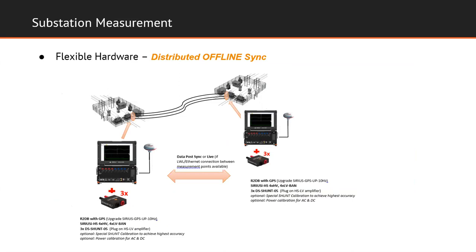Then if we measure on substations, we have very flexible hardware, which means that if we have distributed measurement, we can have, for example, 2 R2DBs with GPS, and between these 2 devices we have an Ethernet connection or something equivalent, and can do a distributed offline synchronization.